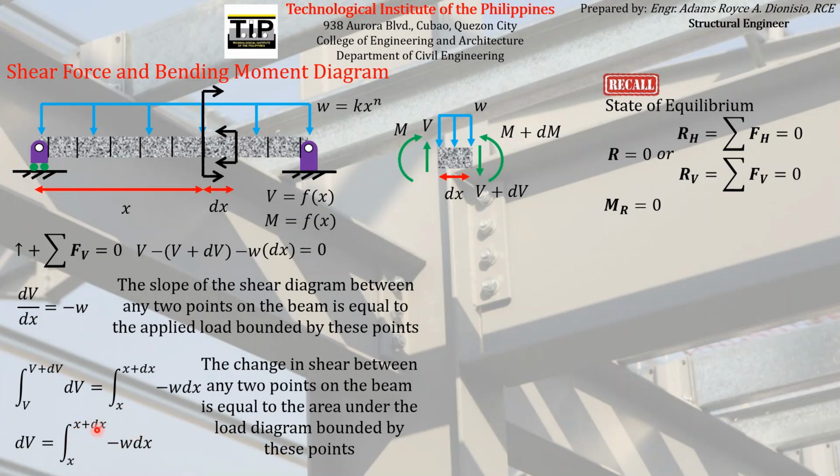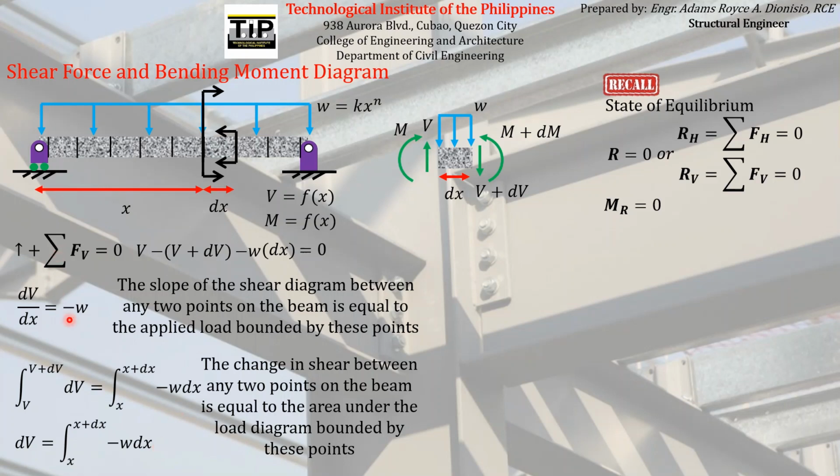So actually, that is very helpful information that we can use to draw the shear force diagram. So later on, when we solve a problem, we will apply this information that we have derived in this scenario.